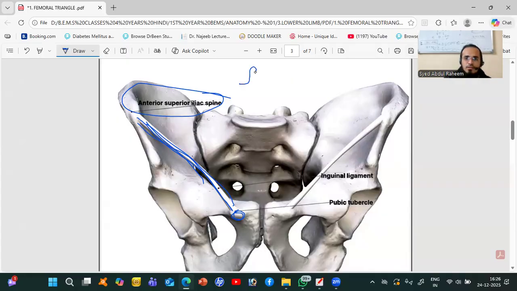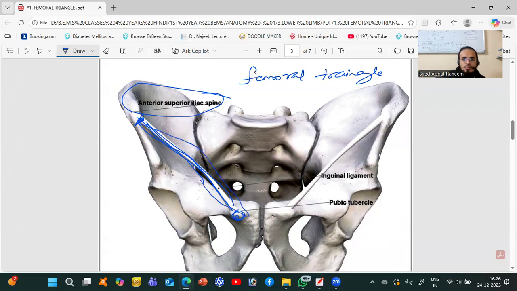The femoral triangle is the important structure here. It is a ligament from the anterior superior iliac spine to the pubic tubercle, called the inguinal ligament.